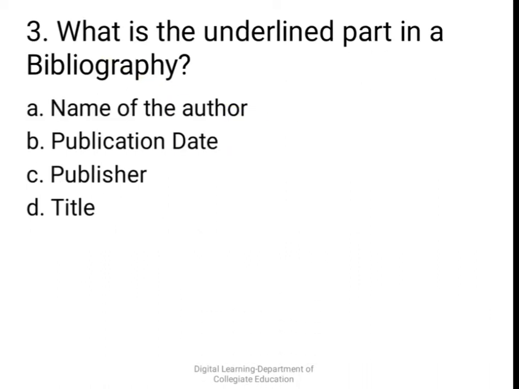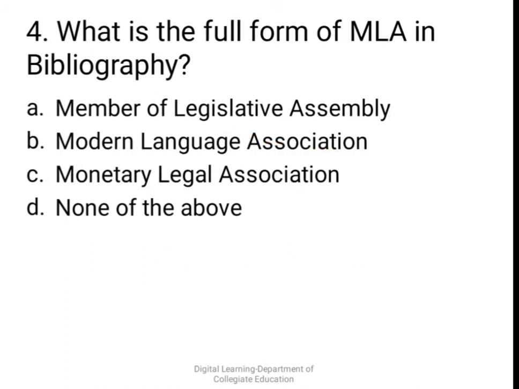So, see the third question. What is the underlined part in a bibliography? Name of the author, publication date, publisher, title. What is the answer? The answer is title. Read the fourth question. What is the full form of MLA in bibliography?